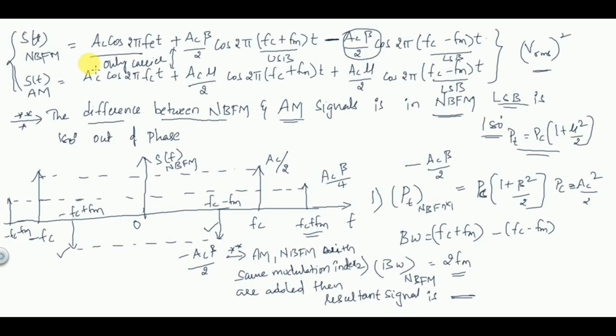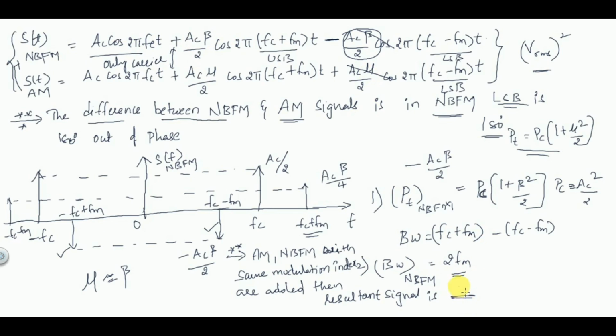When AM and NBFM signals with the same modulation indices are added, mu is almost equal to beta. When mu equals beta, the LSB terms cancel out when these two are added, because one is minus and one is plus. The only term left over is the carrier with USB.